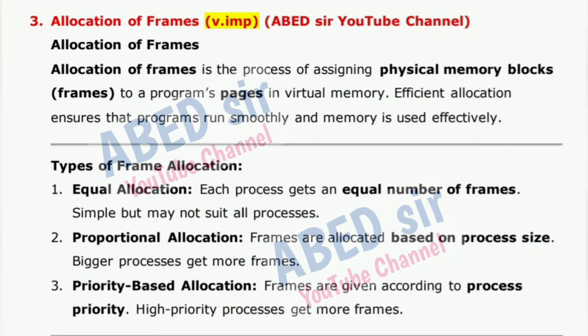Each process gets an equal number of frames. Simple but may not suit all processes. 2. Proportional allocation. Frames are allocated based on process size. Bigger processes get more frames. 3. Priority-based allocation. Frames are given according to process priority. High-priority processes get more frames.